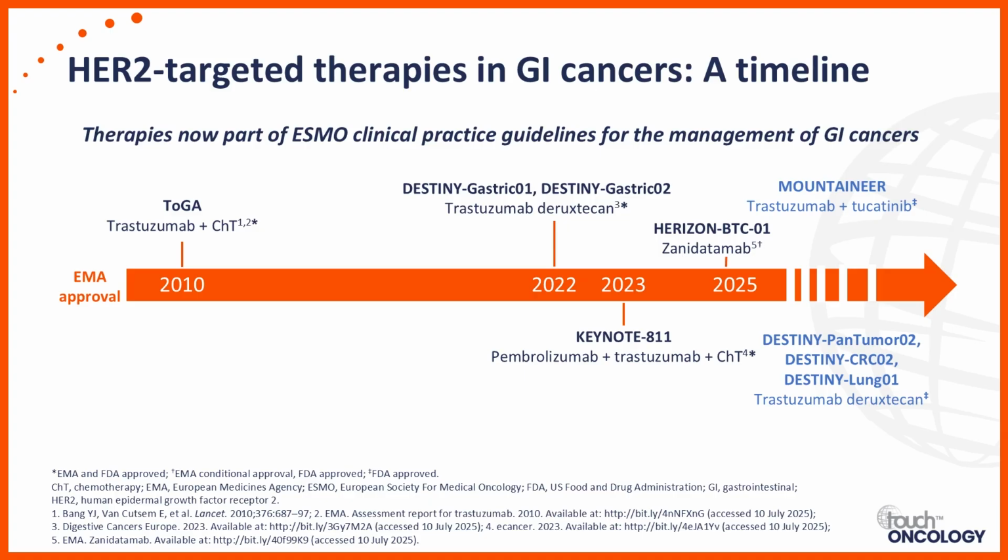And then even more recently, we saw interesting new data in other GI tumors, such as the zanidatamab data in bile duct cancer, the tucatinib trastuzumab data in colorectal cancer, and then also some pan-tumor data in different cancers, including different GI cancers, with trastuzumab deruxtecan.